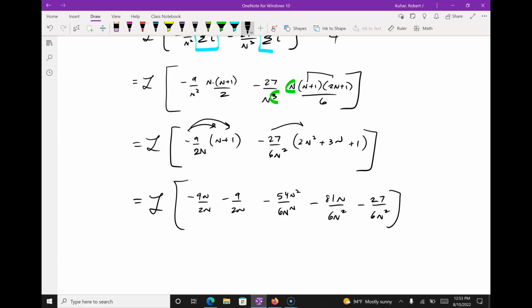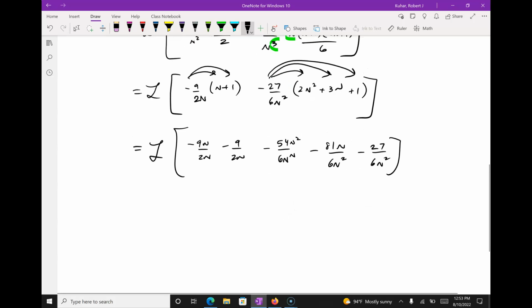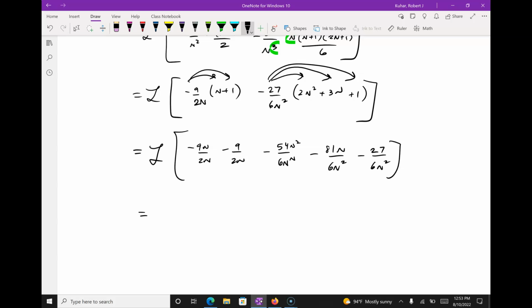Again, just distributing here. I see two pieces that are going to simplify a little bit, that I can actually combine.